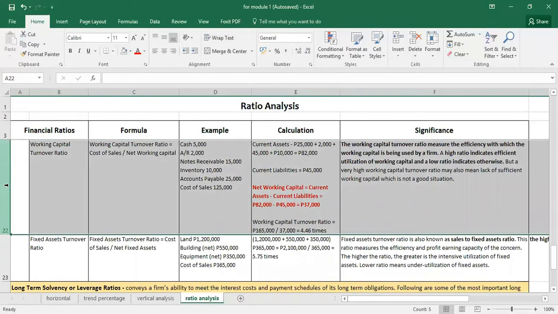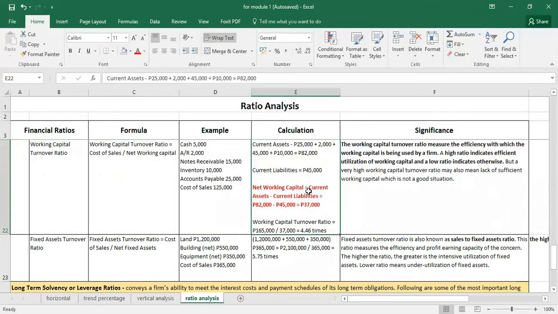Okay. Then we have working capital turnover ratio. Our working capital turnover ratio is computed by dividing cost of sales and net working capital. So, paano natin kinocompute ang net working capital natin?